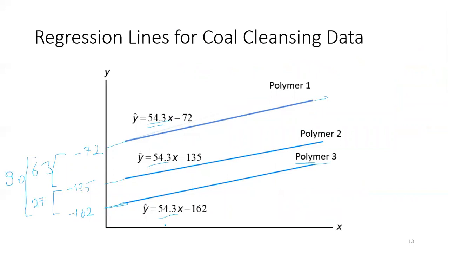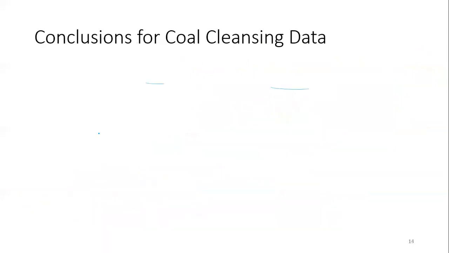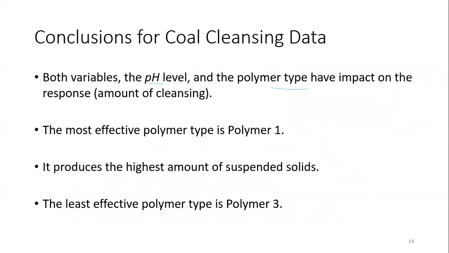Okay, so for any given pH value, it gives you the greatest value of Y. So it produces the highest amount of suspended solids, which means you have high Y values. And the least effective one, of course, is polymer 3.